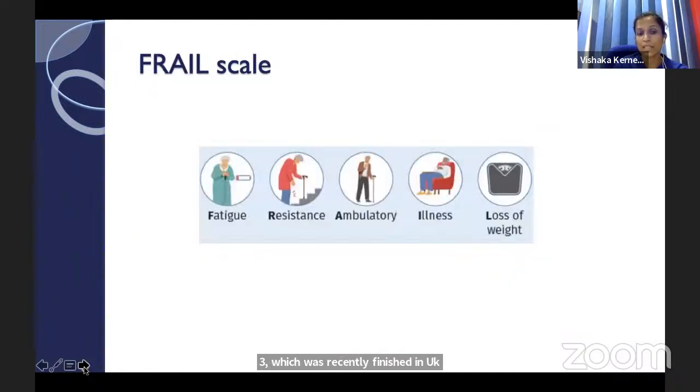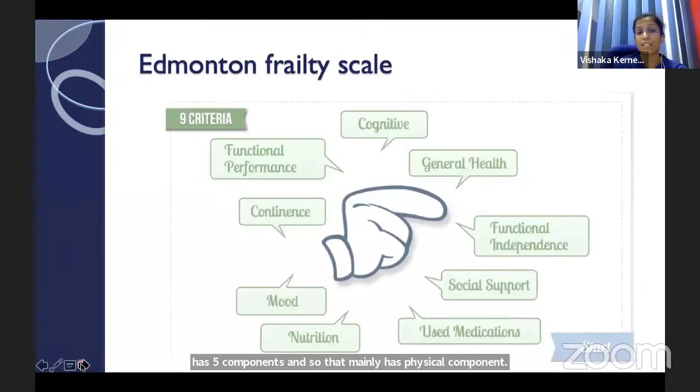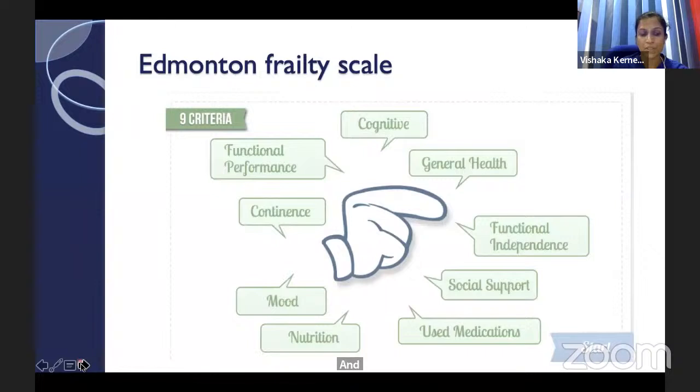The FRAIL scale again has 5 components, mainly the physical component. And the Edmonton Frailty scale is a very comprehensive deficit accumulation frailty assessment tool. It has functional performance, cognition, general health, social aspect, mood. So it has a lot of aspects. This is a comprehensive assessment, and it is definitely going to take time.